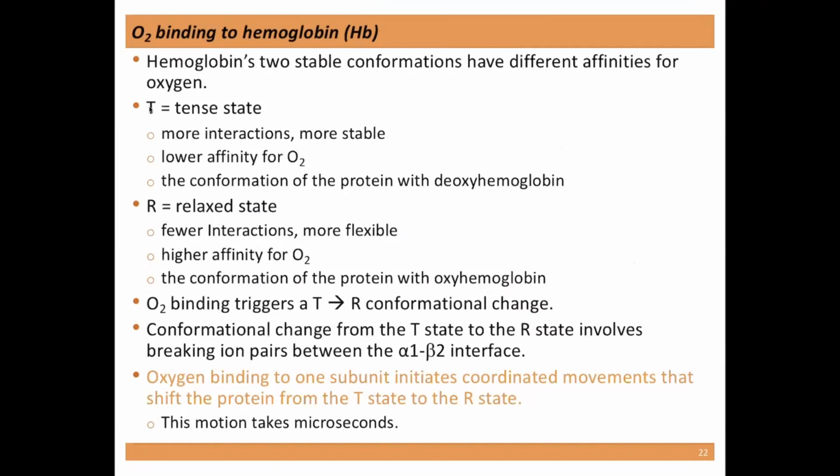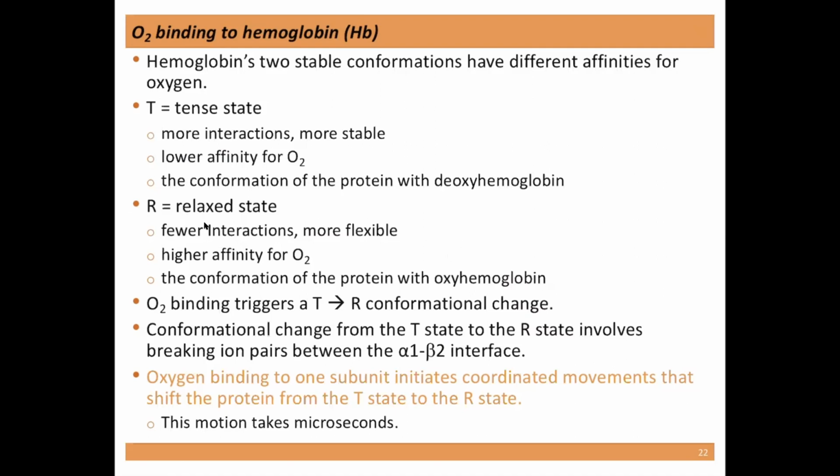So it's got two stable conformations that have different affinities for oxygen. So you got the tense state, more interactions, it's more stable, and it's got a lower affinity for oxygen. So this is the conformation when you really don't have oxygen bound. It's kind of interesting that this doesn't have a high affinity when there's no oxygen around.